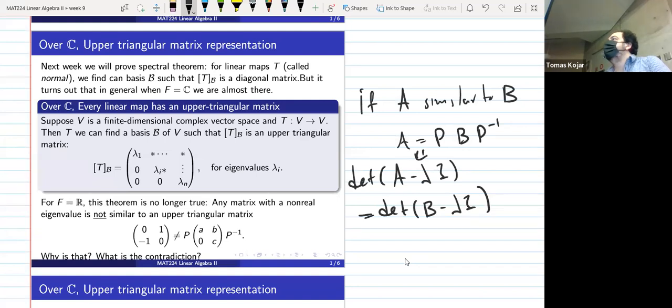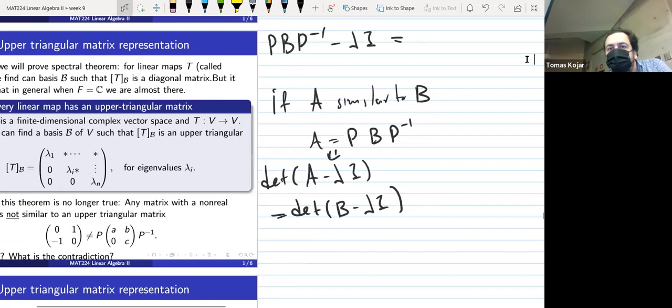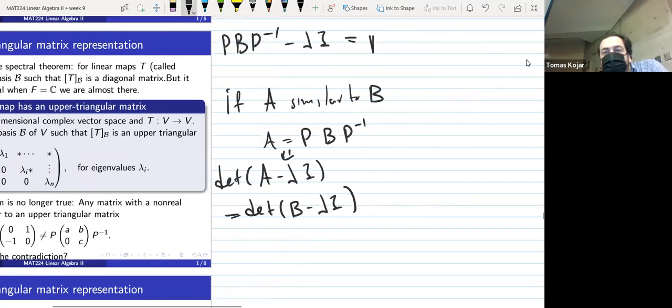I can repeat, I mean, the proof wasn't hard. You basically write it like this, and then you do the same.